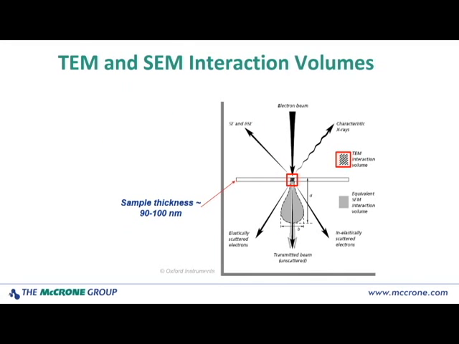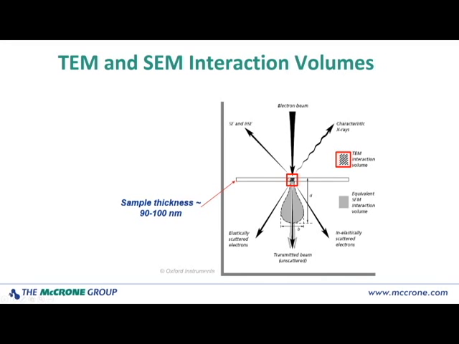And this is why. This is a schematic that shows the relative interaction volumes of the microscope electron beam with the sample in the TEM or the SEM. So in the SEM, you typically have a more bulk or thicker sample on a substrate, and you have penetration of the electron beam into the sample, and then this large teardrop-shaped interaction volume.